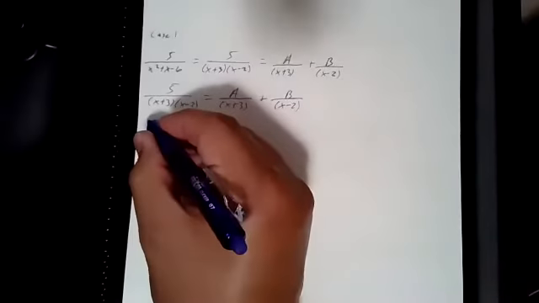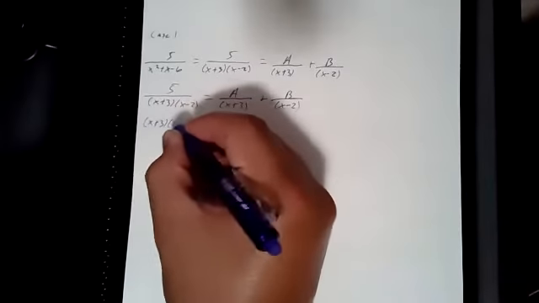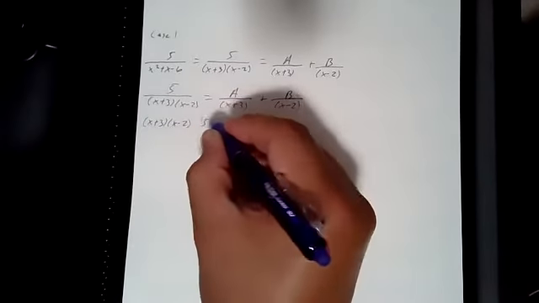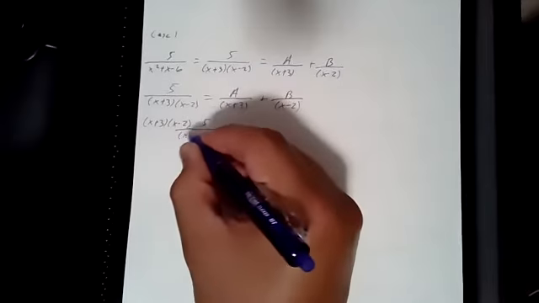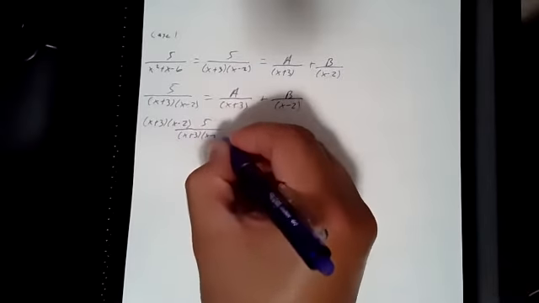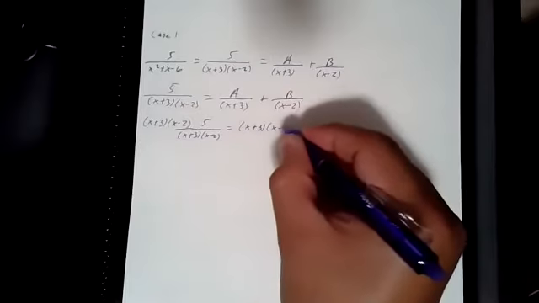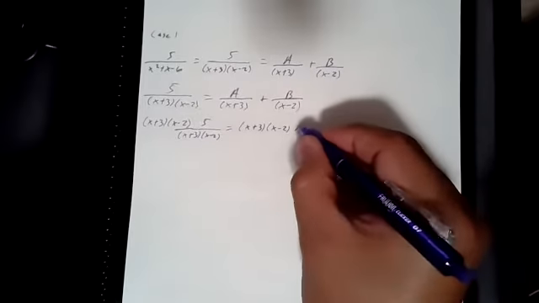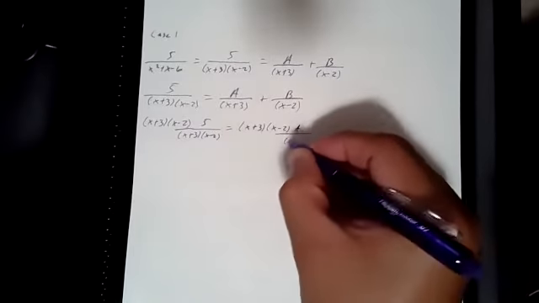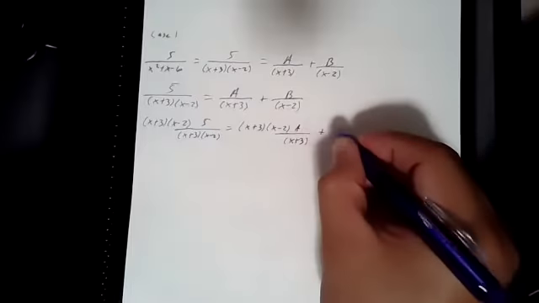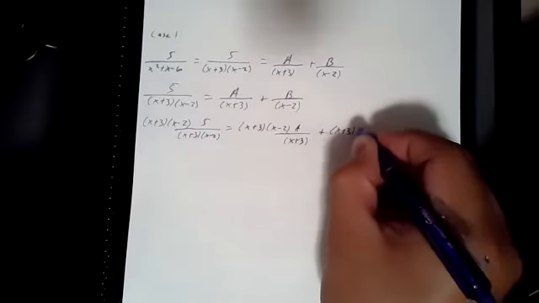So here we go. So x plus 3 times x minus 2 times the first fraction, x plus 3 times x minus 2 times the a fraction, and the last fraction, same deal.